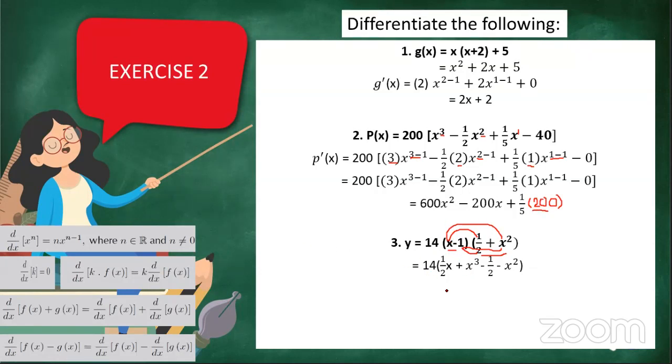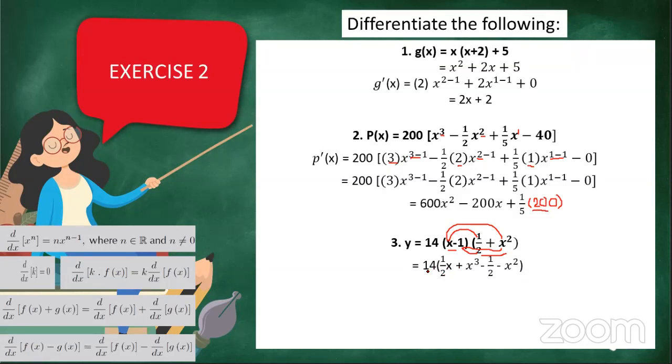And also, same thing. So remember, we always simplify first. We write our terms in the simplest form. Okay, then you have 1 over 2x, then you have x cubed, negative times positive, negative half, and negative x squared.